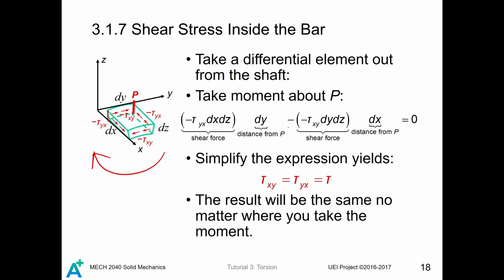So this is why there is a negative sign in between. By simplifying the above expression, we have dx dy dz, and what we are left with is just tau xy equals tau yx, equal to the magnitude of the shear stress. The result will be the same no matter where you take the moment.